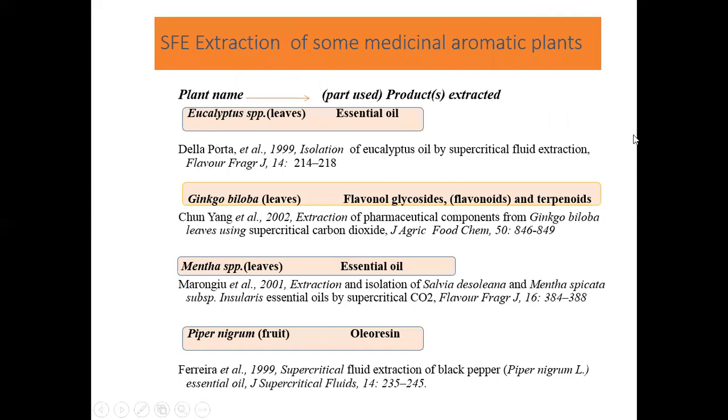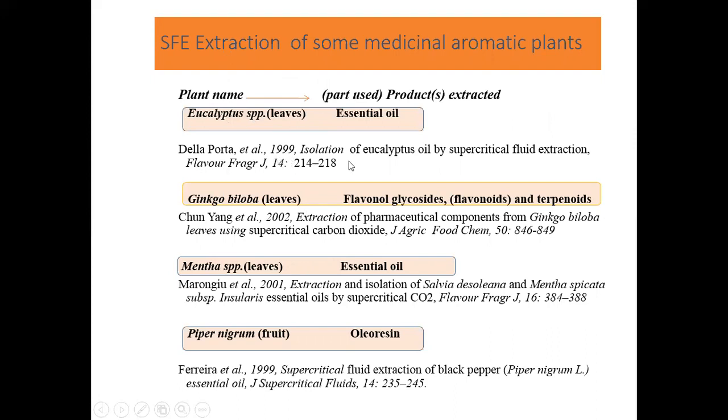These are some examples of supercritical extraction of some medicinal aromatic plants. Here essential oil is extracted from eucalyptus species by using the supercritical fluid extraction method. This paper was published in 1999.